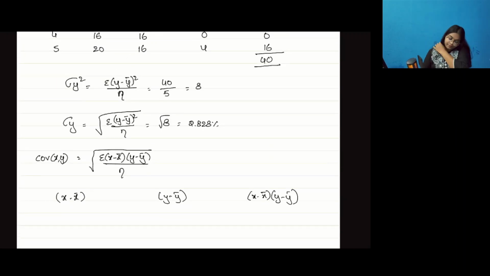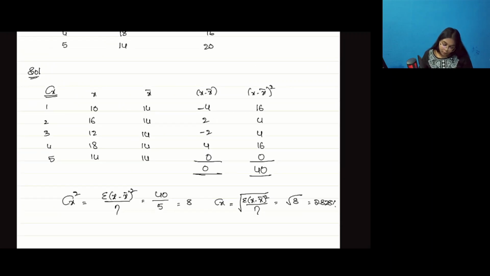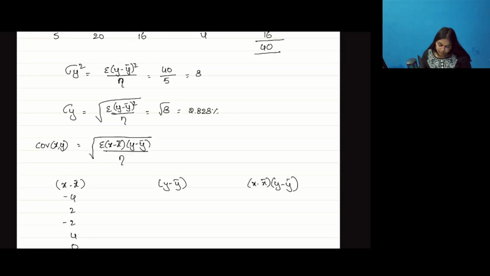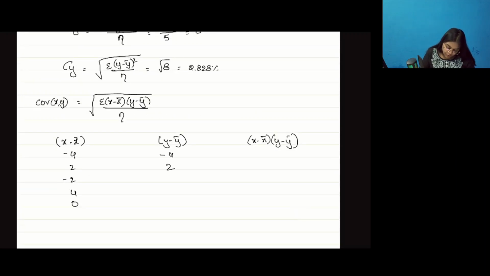So x minus x bar: minus 4, 2, minus 2, 4, 0. Next y minus y bar: minus 4, 2, minus 2, minus 4, 0, 0, 4.